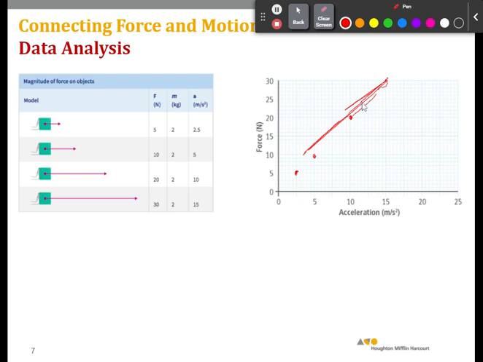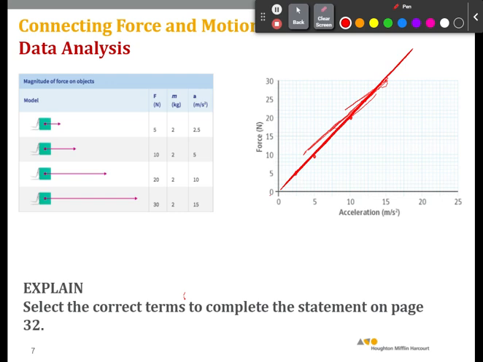This drawing on tablets is pretty new to me. There we go. There's a line of best fit. Now, normally a line of best fit doesn't need to touch all of the points. In this case, it does because our data was idealized.